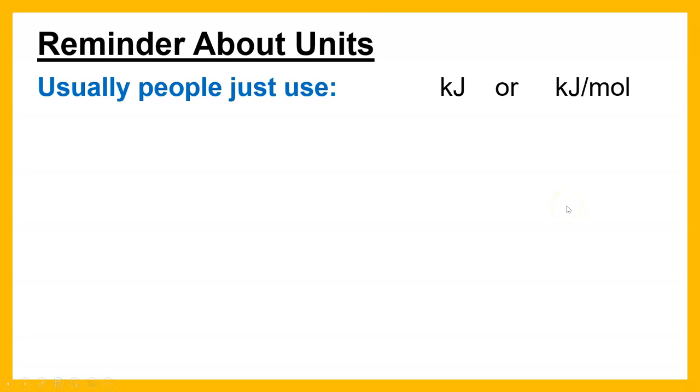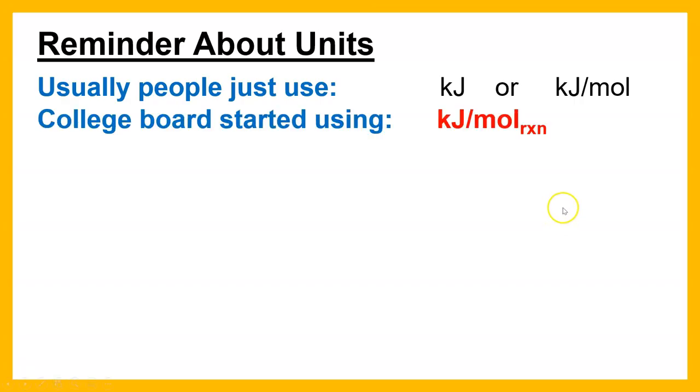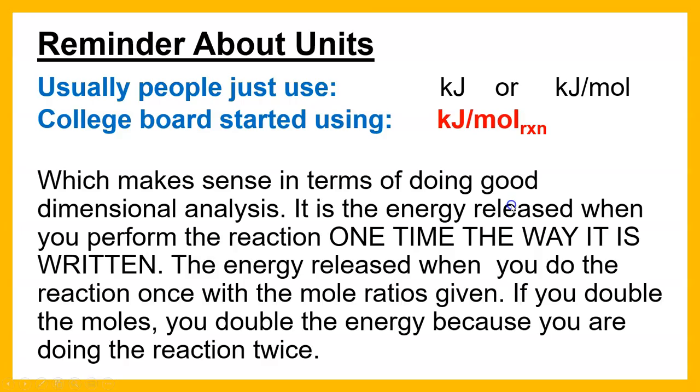College Board kind of seems to have invented their own unit that at first a lot of teachers thought was pretty wacky. They started using something called kilojoules per mole reaction. That little subscript there, they've started using all over the place.